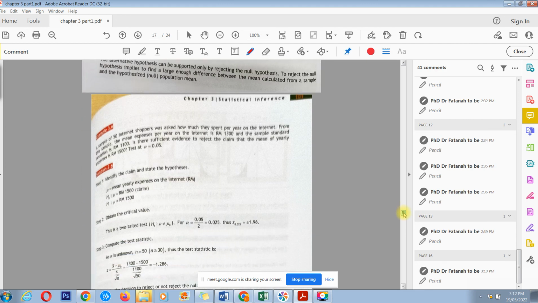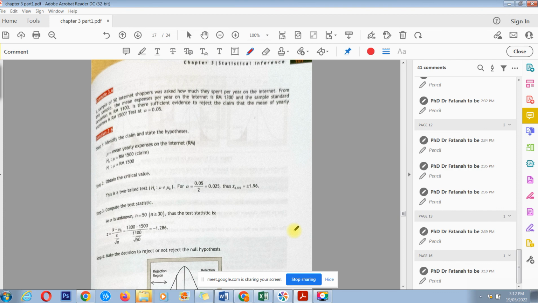Okay, we go to the example so that you can imagine what I mean. A sample of 30 internet shoppers was asked how much they spend per year on the internet. From this sample, the mean expense per year on the internet is 1,300.